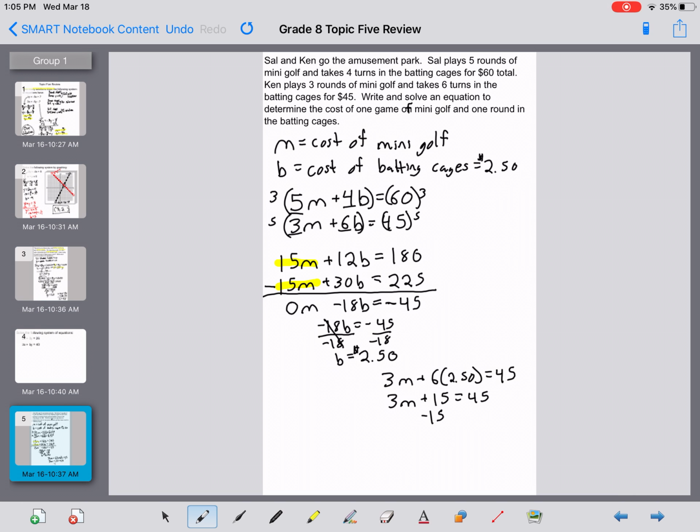I'm going to solve this for m and subtract 15 from both sides. 15 minus 15 cancels out. I'm left with 3m equals 45 minus 15, which is 30. I divide both sides by 3. My 3's cancel out, and I'm left with m equals 10. So that means the cost of mini golf would be $10.